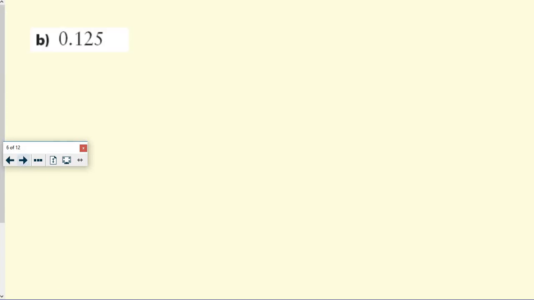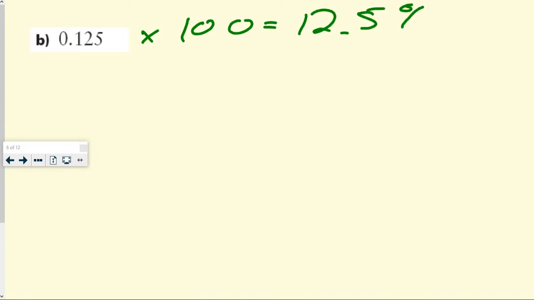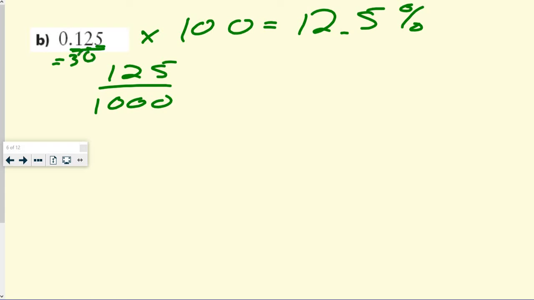To do this on your own, I would really suggest that you pause this and do this on your own just to make sure that you know how to do it. But as a percent, multiply by 100 equals 12.5%. And as a fraction, you've got 125 over 1,000 because there are 3 spaces, which equals 3 zeros. That's how you know, 3 zeros.